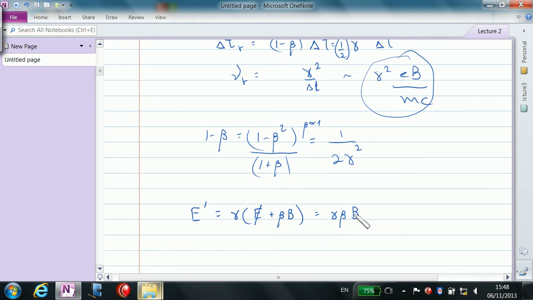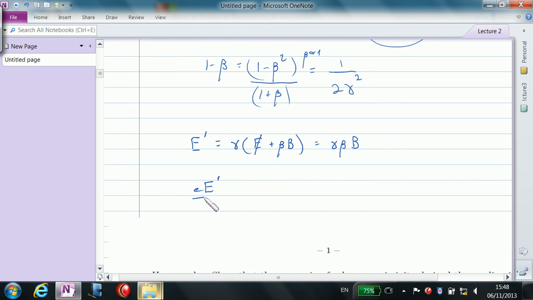In the frame of the particle, there's zero velocity, so the Lorentz force is just e times E prime over m. This is what a prime is. And in that frame we can use non-relativistic formulas.